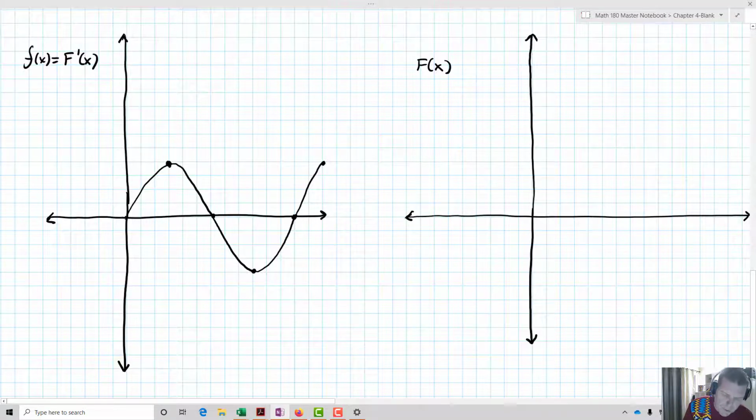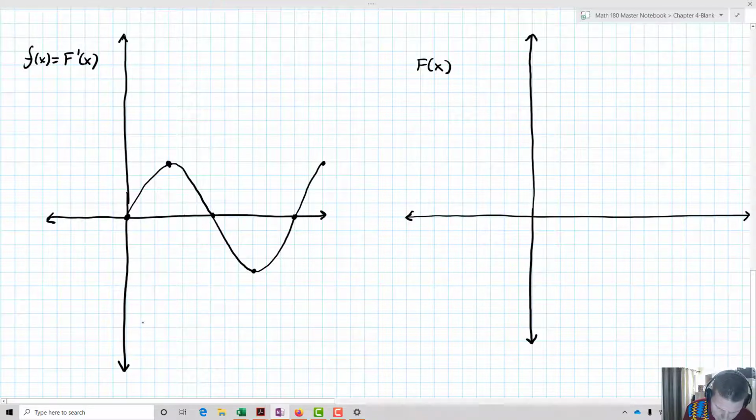So the first thing that I'm going to look at is from 1 to 1, 2, 3, 4, 5, 6, from 1 to 6. Little f of x, or the derivative here, is positive.